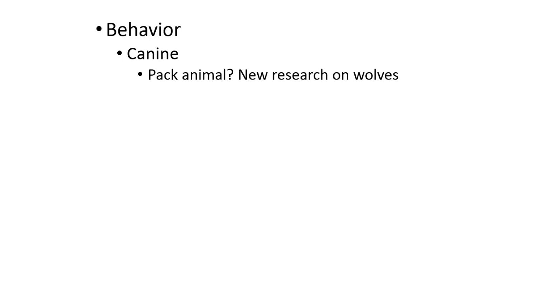Behavior. We're going to go a little bit over behavior now. We'll cover more later on, but we'll do a little bit now, especially with dogs, and then we'll get into some pain discussion. Dogs are pack animals, but there is some new research out, and what the new research tells us is what we thought were packs are actually family units. Most of this research was done in wolves that were reintroduced into Yellowstone.